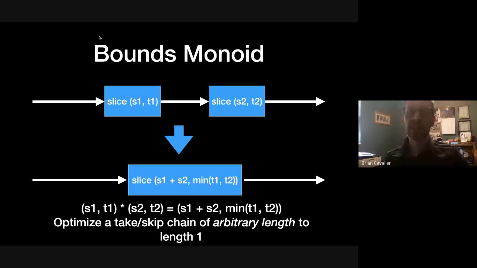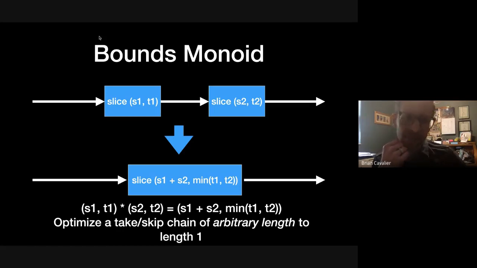And it turns out there's a general form of this where slice S1 T1 followed by slice S2 T2, where the S's are the skip numbers and the T's are the take numbers. There's a simple formula for combining these. You might think it might just be subtraction for T1 and T2 or something simpler, but it turns out that min is the right answer for that.